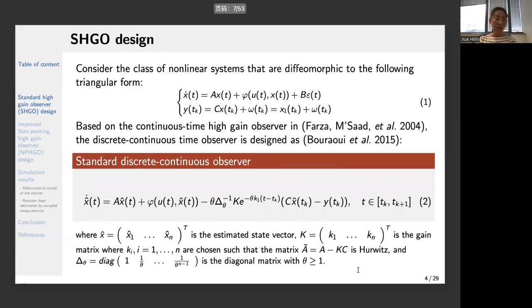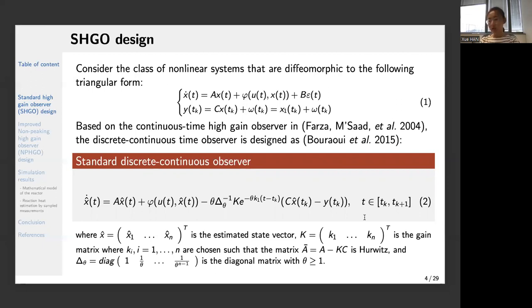Based on the continuous time high gain observer designed in the reference, we propose a kind of continuous-discrete time observer. Here, equation 2 is the basic form of the observer. Here x hat is the estimated state, and K is the observer gain vector.